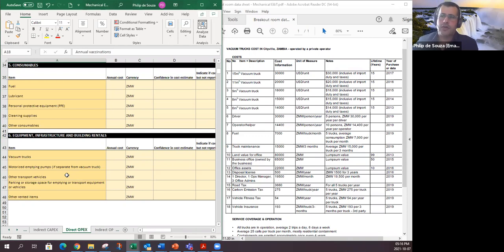But if the cost of PPE, personal protective equipment, is captured under another line item, and it's impossible to split it, then we want to capture it anyway within that other line item, because the idea is to find out what the annualized cost per household or per person is to run this service.